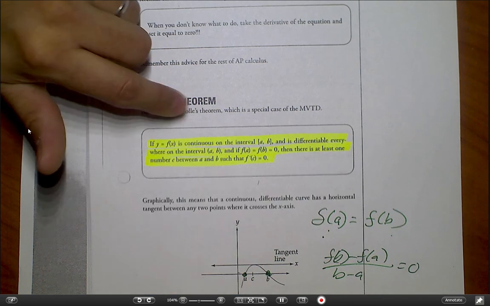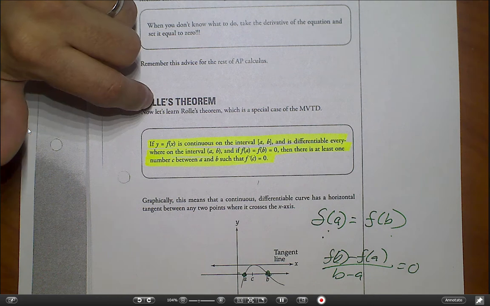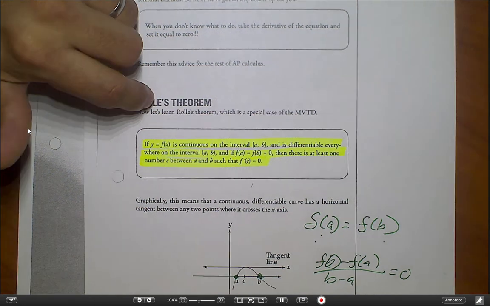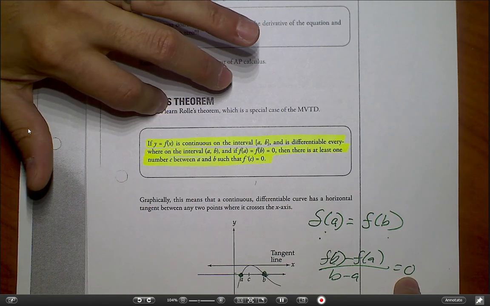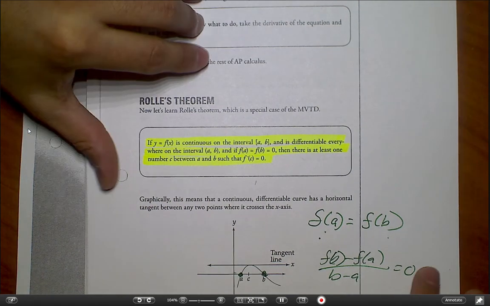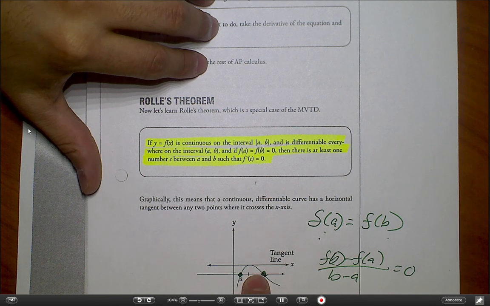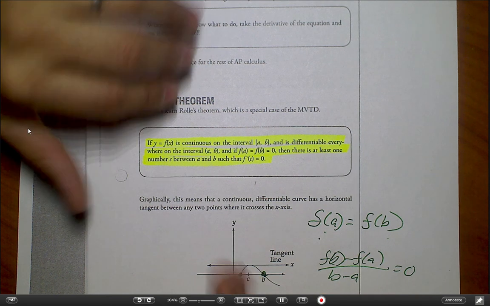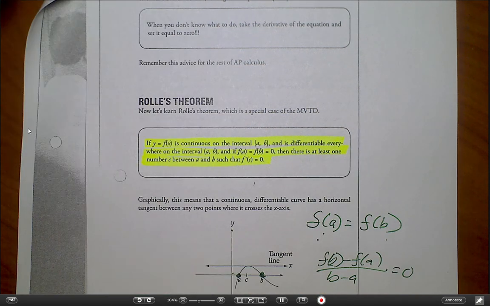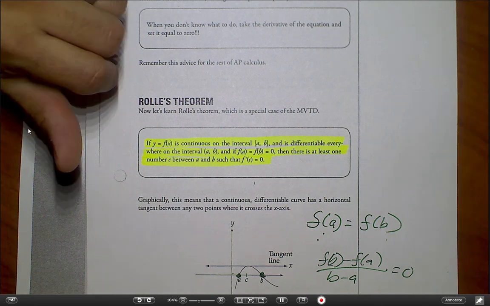But for mean value theorem, it gives me some other number. And for this to work, I'm going to have some value where my slope is also equal to that number, and then I find out where that is using the same methods that I did for mean value theorem.